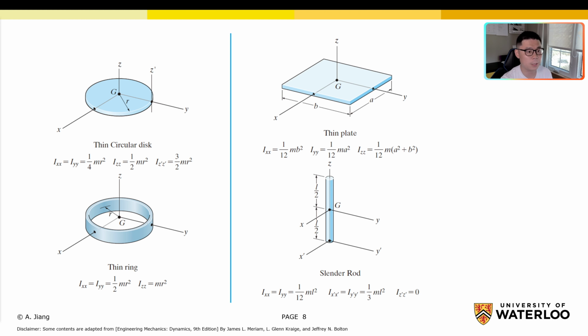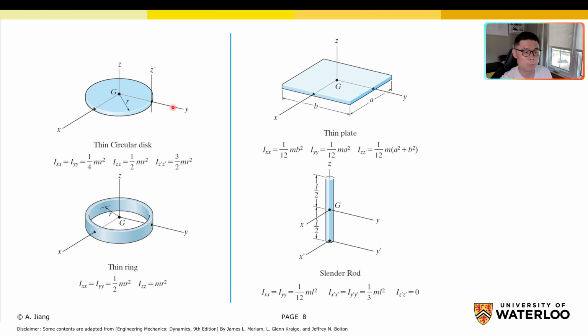Okay, for example here, looking at the thin circular disk, if it rotates with respect to the x-axis or y-axis, the mass moment of inertia, I, can be calculated using 1/4 m r squared. That is when your disk is rotating about the x-axis or this y-axis.